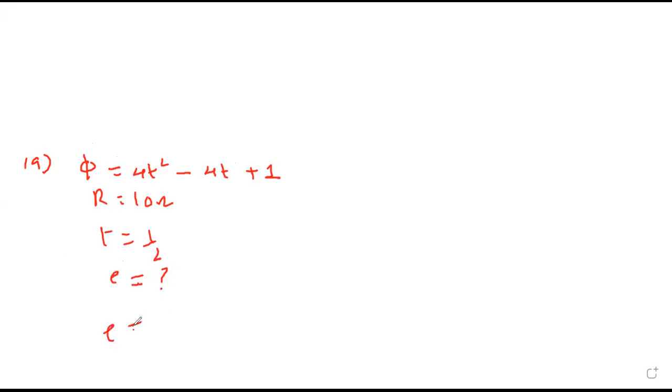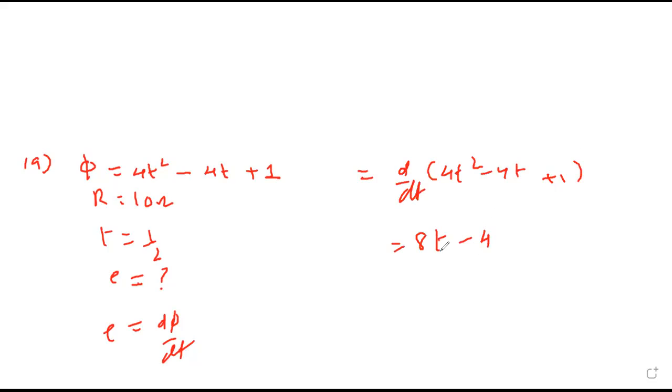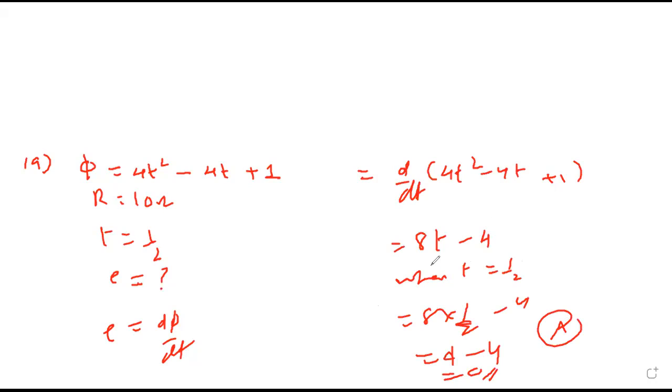Induced EMF when flux given is rate of change of flux. That is nothing but derivative of 4t square minus 4t plus 1. That is 8t minus 4. Now when t equals to half, 8 into half minus 4, 4 minus 4, 0. 0 is given there in option A. Everybody has followed? Flux given, then take derivative to get EMF.